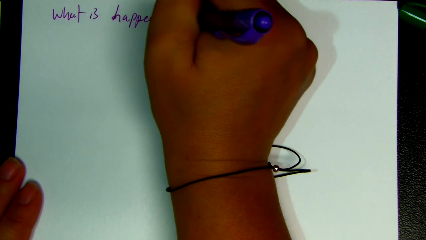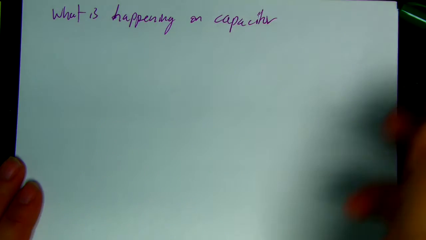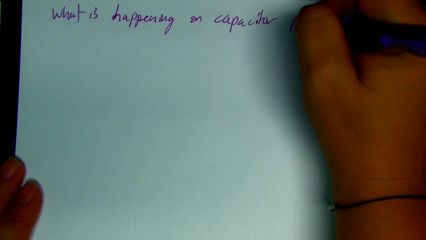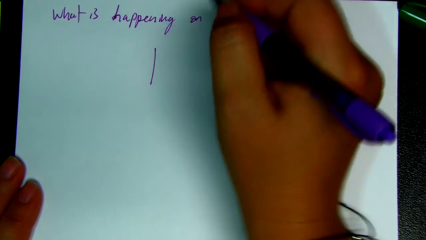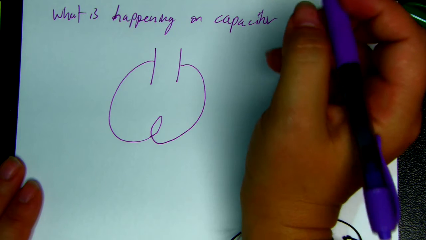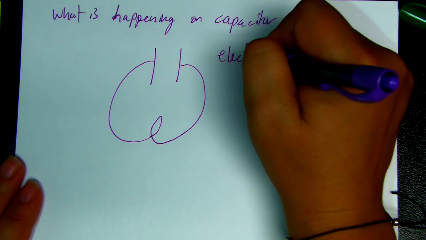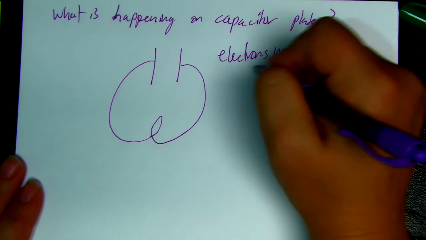All right, so what's happening on the plates of the capacitor? So they started out being fully charged, and now we're moving stuff around. So essentially, if we think about our little circuit here, the electrons move off the negative plate.